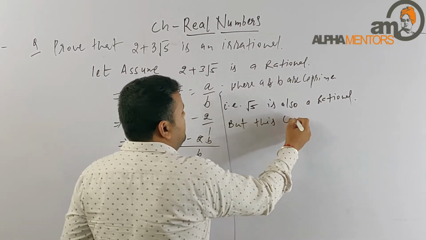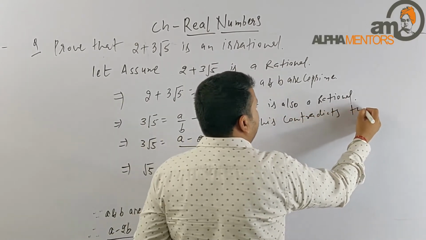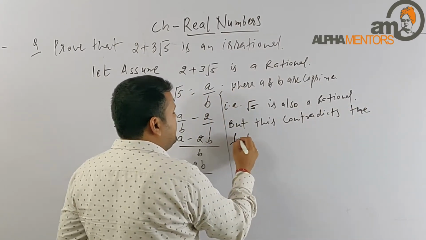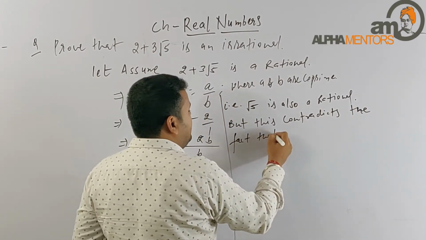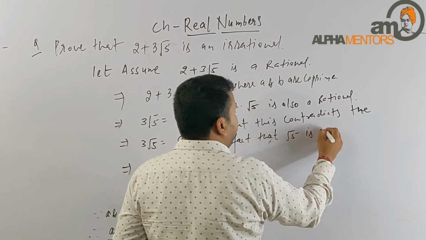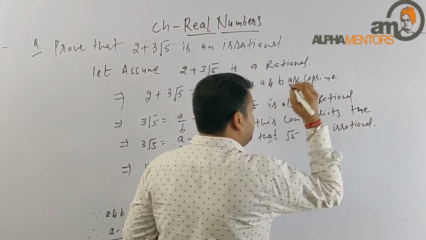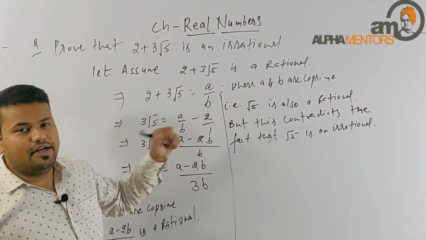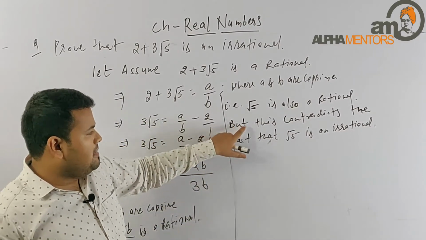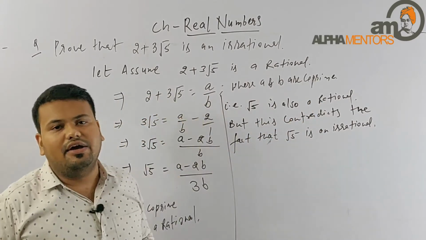But this contradicts the fact that root 5 is an irrational. Will you support this statement or not? Already we know that root 5 is an irrational, that's why I am writing, but this contradicts the fact that root 5 is an irrational.